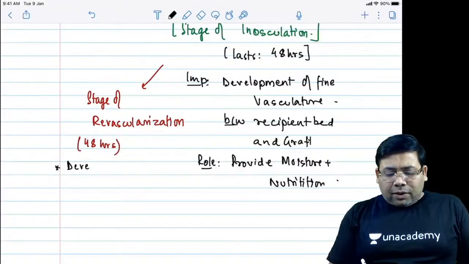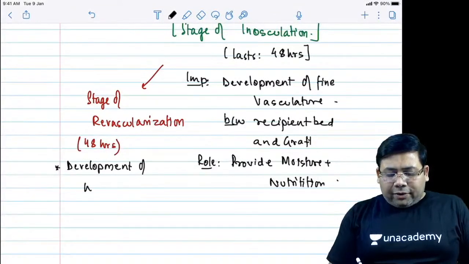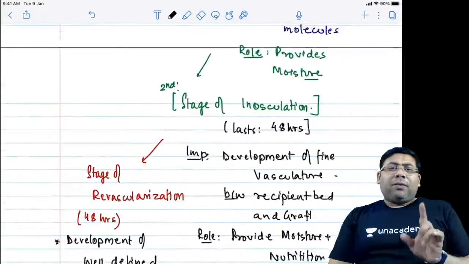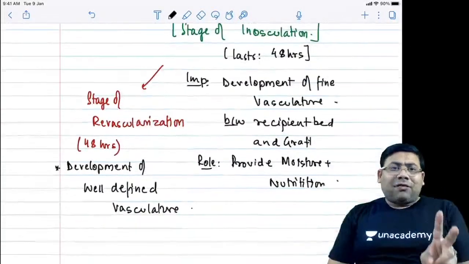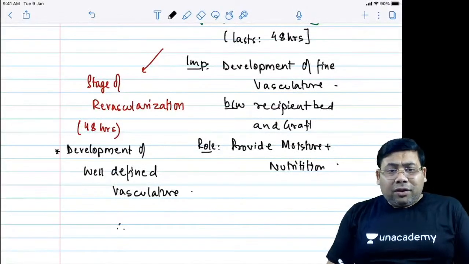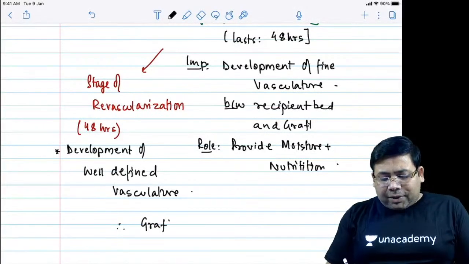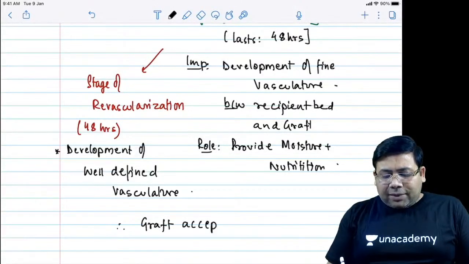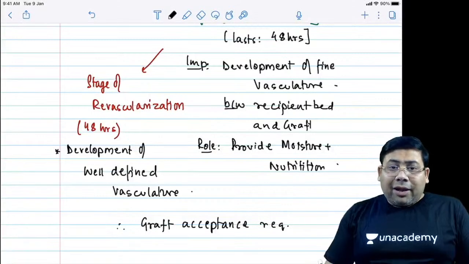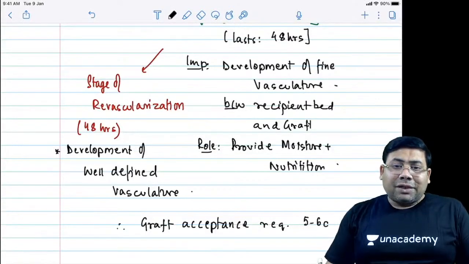Development of well-defined vasculature. Always remember, how much time will grafting take? There are a lot of questions asked on this also. Therefore, graft acceptance requires at least 5 to 6 days.